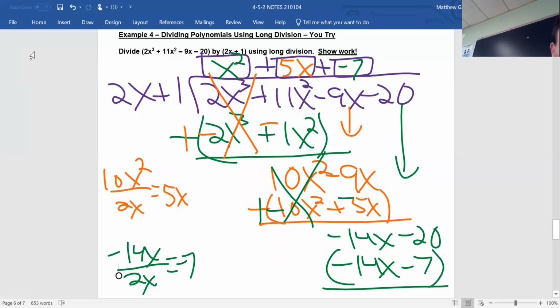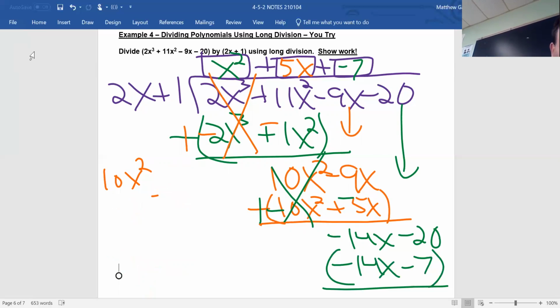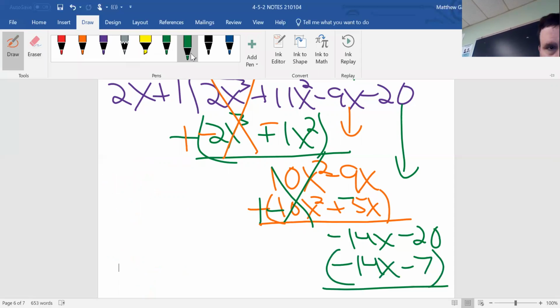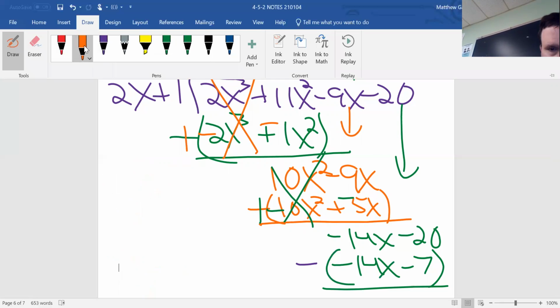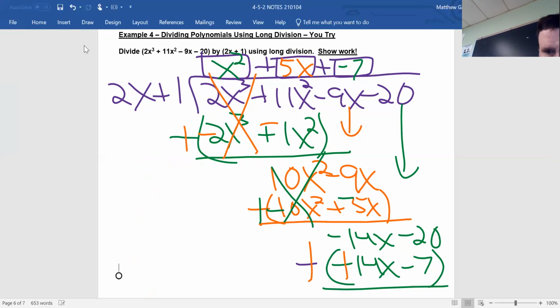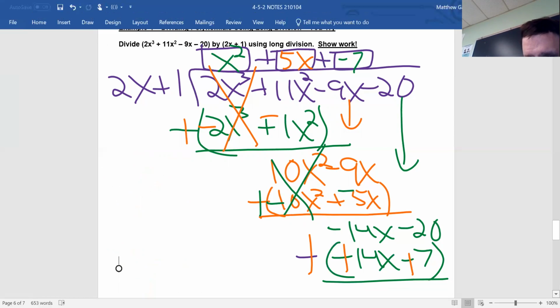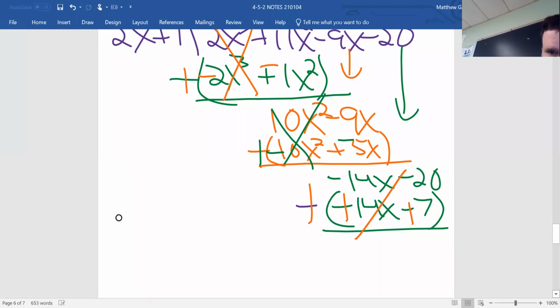All right, good. We don't need these anymore. Hit rewind if that screws you up. All right, let's get a purple pen. Let's do the subtraction. It's negative 20 plus 7 is negative 13.